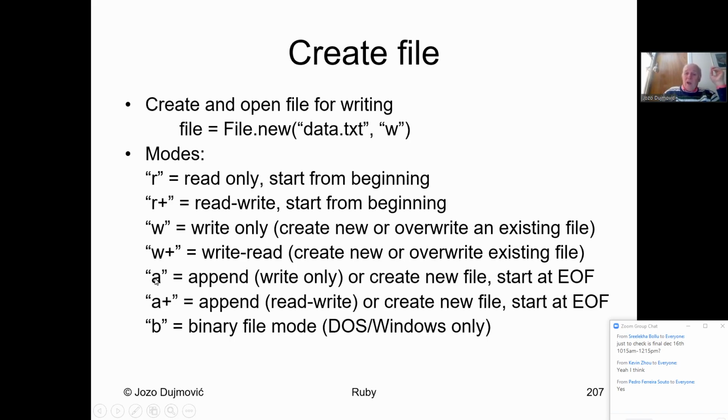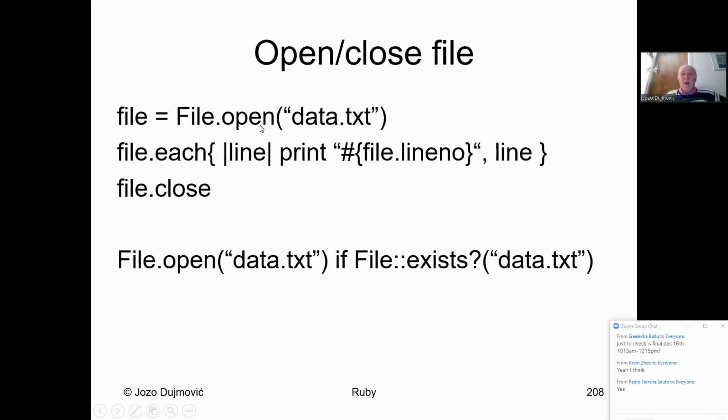Append: take a file, put pointer at end of file, and keep appending new records to it. And then you can have R plus, W plus, A plus if you want to read, write, and combine other operation. If you are under DOS, you can also have binary file mode to take just binary files, not text files, binary files.